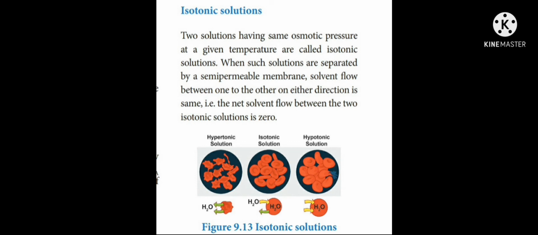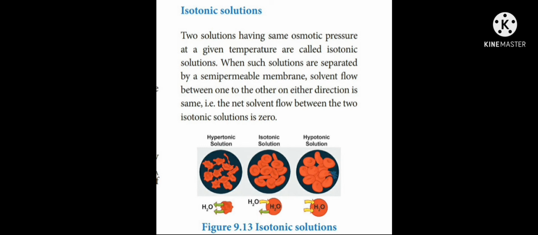What are isotonic solutions? Two solutions having the same osmotic pressure at a given temperature are called isotonic solutions. When such solutions are separated by a semi-permeable membrane, solvent flow from one to the other in either direction is the same.